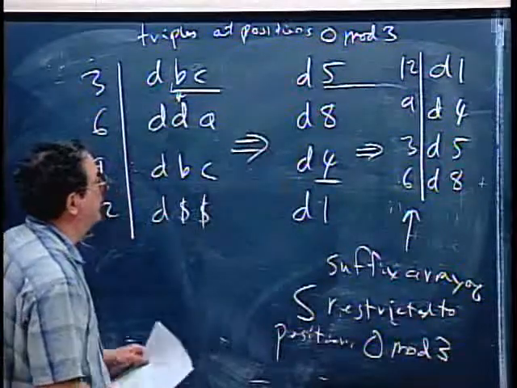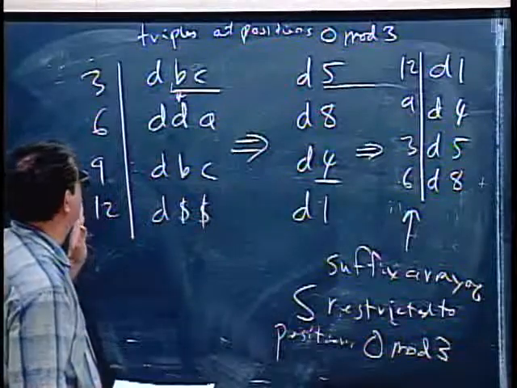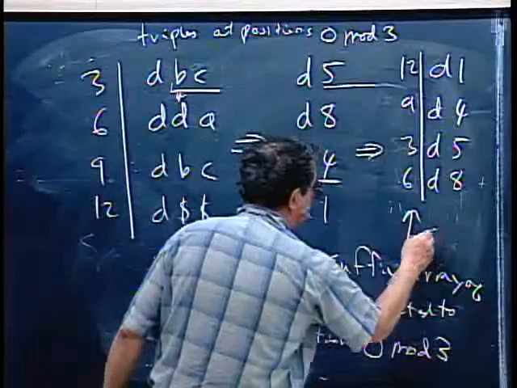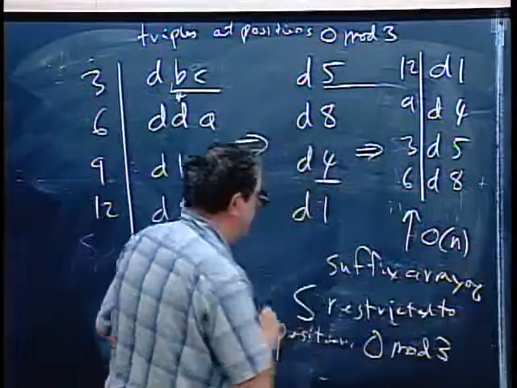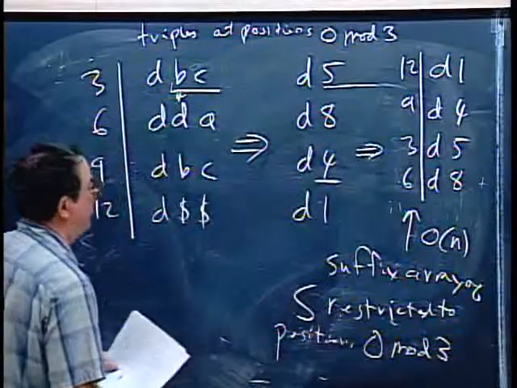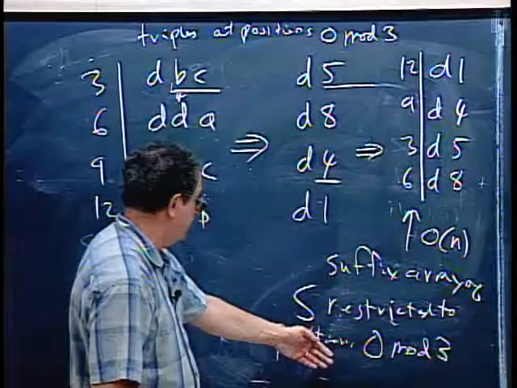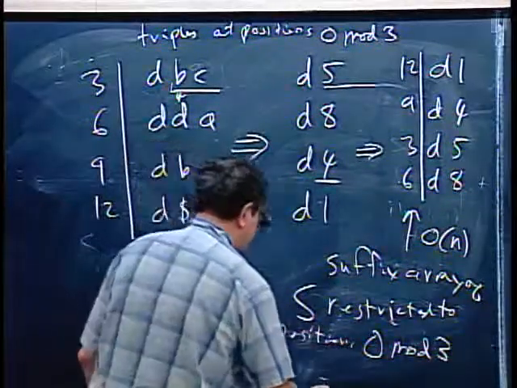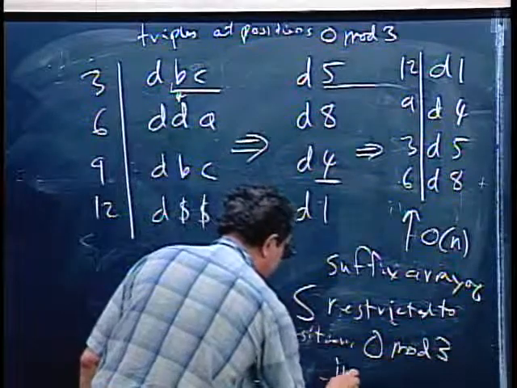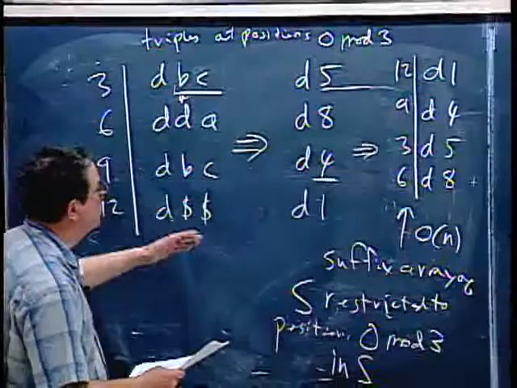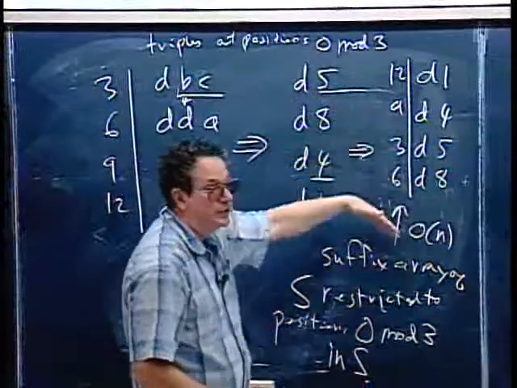Okay? And let me emphasize again, we can do this in order n time. And this is non-recursive. We now have the suffix array for all of the positions 0 mod 3 in the original string S, in just one order n time operation.